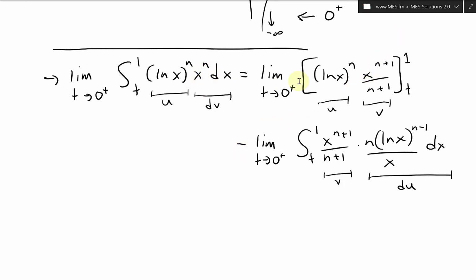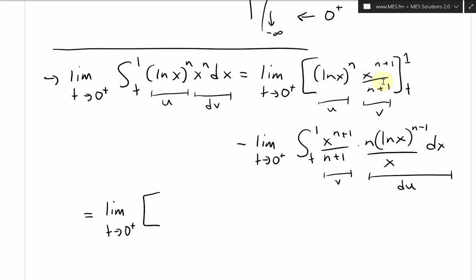Alright, so now let's start evaluating this. The whole thing is equal to the limit as t approaches 0 from the right side of the evaluated expression.